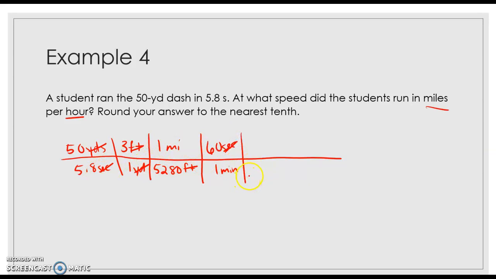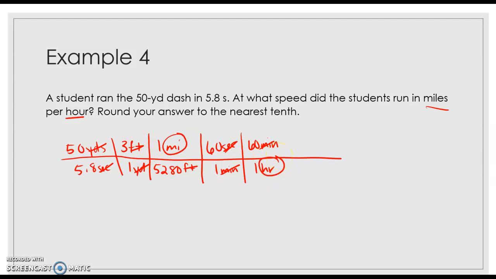And then I need my minutes to turn to hours. And so since I have minutes on bottom, I need my 60 minutes on top to 1 hour on bottom. And so my minutes now cancel out. And so now I'm left with miles on top, hour on bottom, which is exactly what I want.